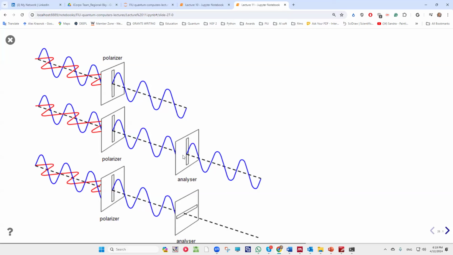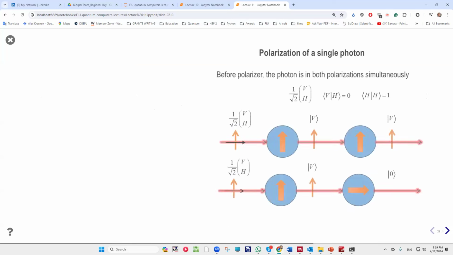If you put the analyzer in parallel with the polarizer, then the wave will pass through the analyzer without changing. However, if the analyzer is set orthogonally to the polarizer, it will block the vertically polarized wave, obviously. So we can set these two polarizers and play around with the polarization of light that passes through the system.